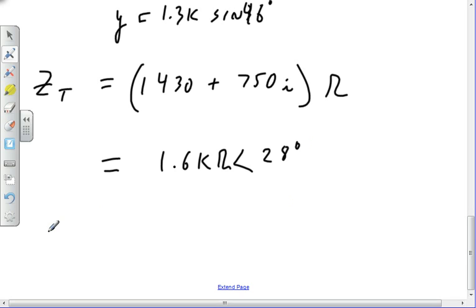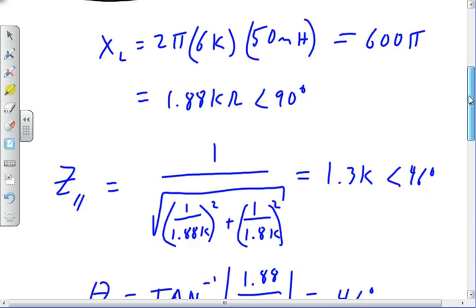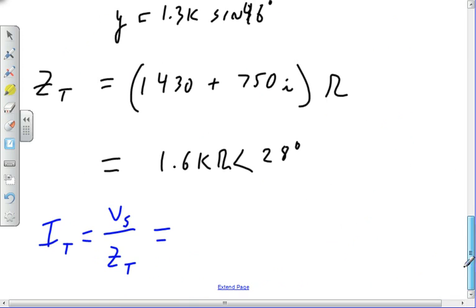With my impedance, I can now calculate total current. Total current is going to be voltage source divided by the total impedance. And anybody remember what the source was? 10 volts. So 10 volts divided by 1.6K ohms angle 28 degrees.